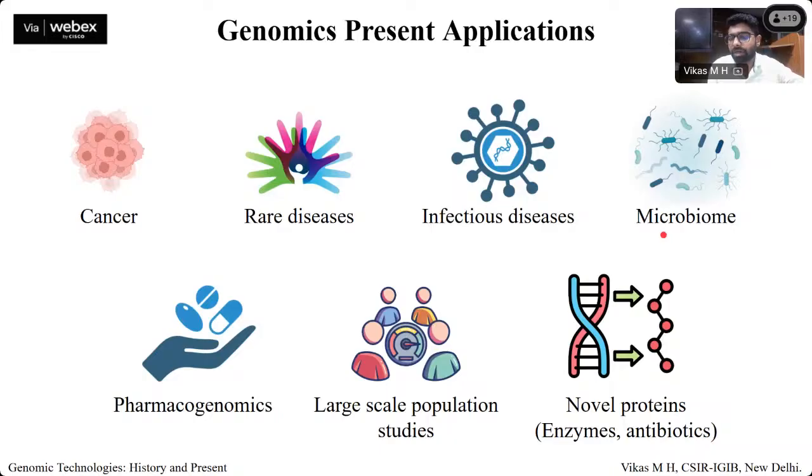But not just that, microbiome can also be from different environmental locations. Genomics has also been employed in pharmacogenomics, where the genetic composition of a particular person determines their response to treatment with a particular drug. So how are they responding based on their genetic composition?